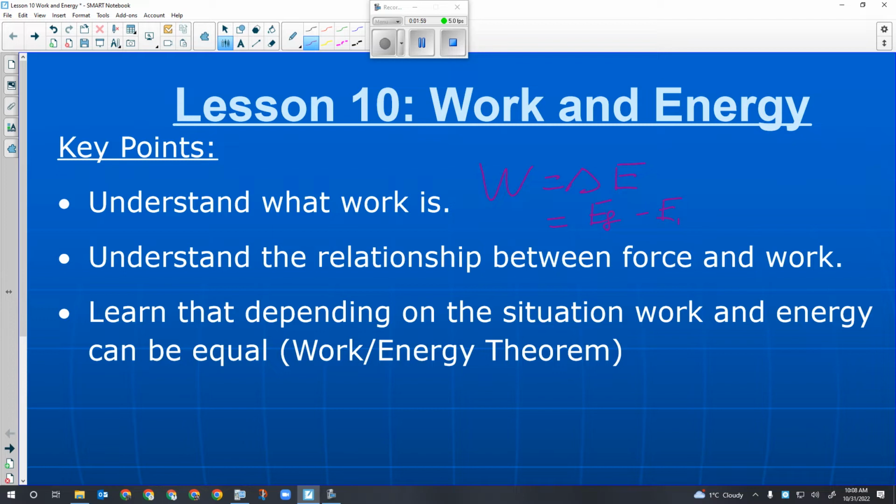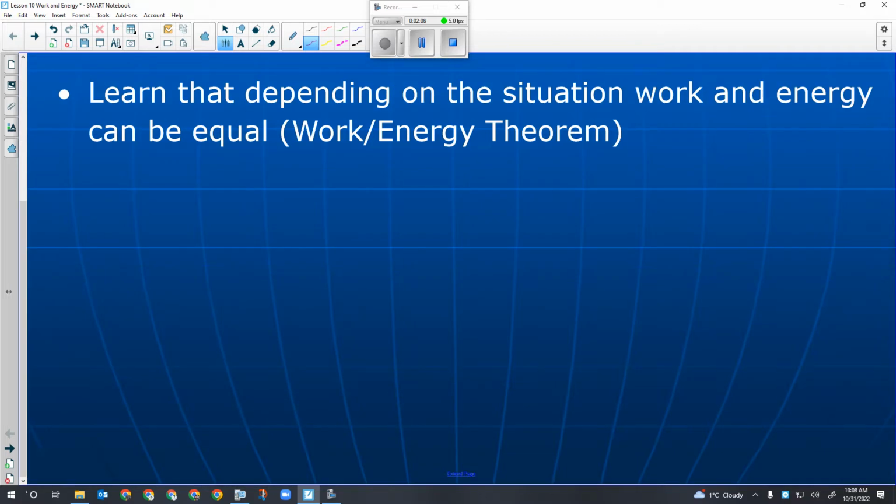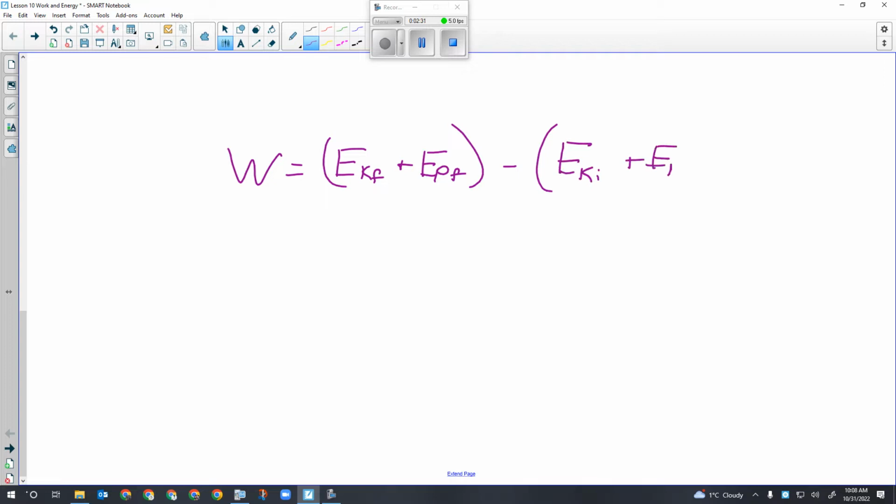So if we're looking at that as our setup, and mechanical energy is both kinetic and potential energy, that's going to mean that work equals our final kinetic energy plus our final potential energy, minus our initial kinetic plus our initial potential.